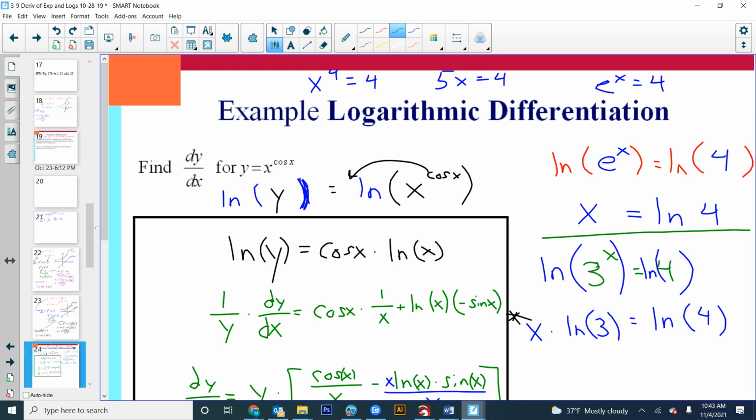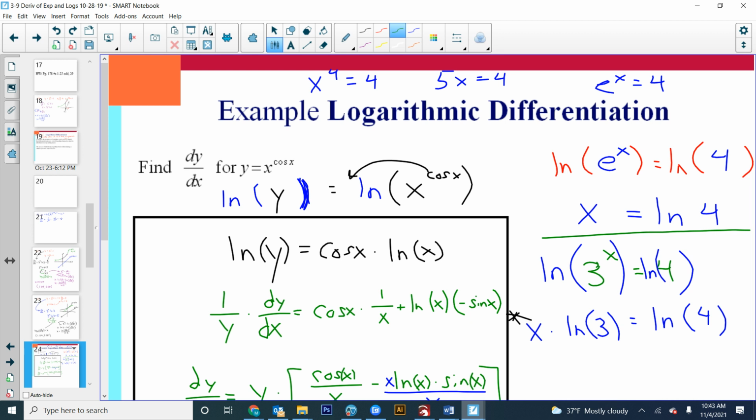So guess what's always going to happen? You're always going to have a product rule. Multiply, right? And within that product rule is always going to be an ln rule. That's predictable. Do you agree? What's going to happen on the left side? You took the ln. It's always going to be ln of y.